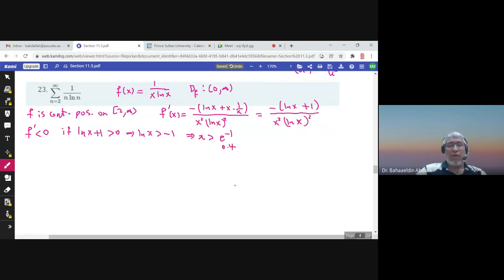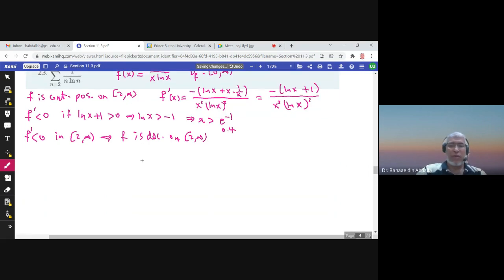So f prime is negative in this interval, so f prime would be negative in the interval from 2 to infinity. So f is decreasing on the interval from 2 to infinity.